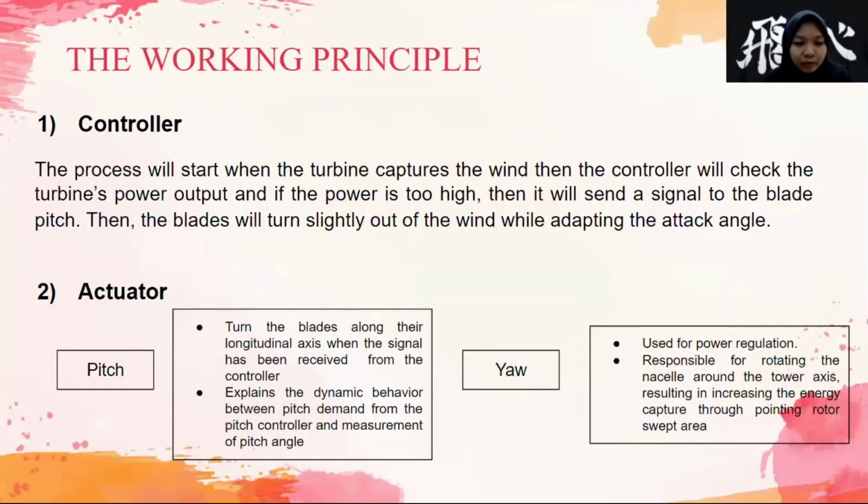It divides into two actuators. The first one is pitch and the second one is yaw. The pitch actuator's function is to turn the blade along its longitudinal axis when the signal has been received from the controller. This explains the dynamic behavior between the pitch demand from the pitch controller and the measurement of pitch angle. The yaw actuator is used for power regulation. It is responsible for rotating the nacelle around the tower axis, resulting in increased energy capture by pointing the rotor swept area.